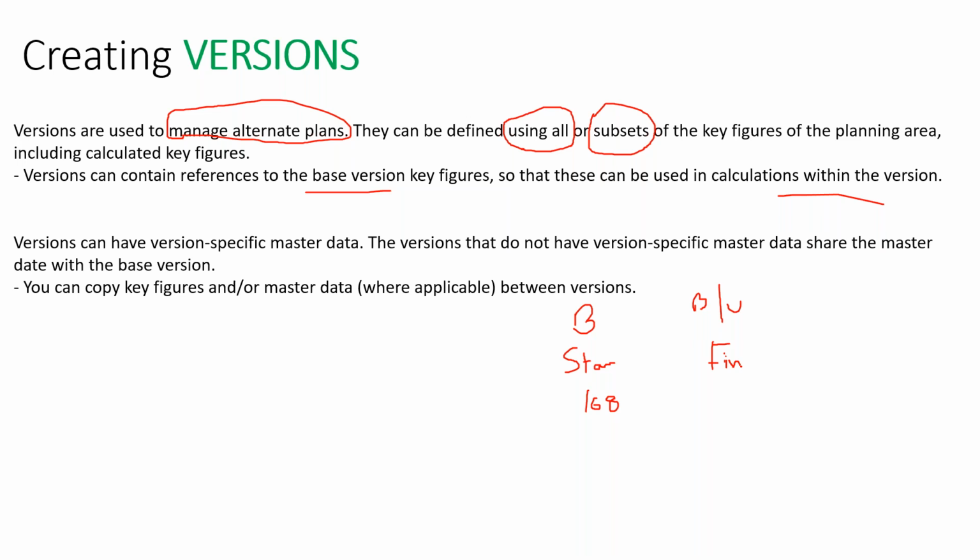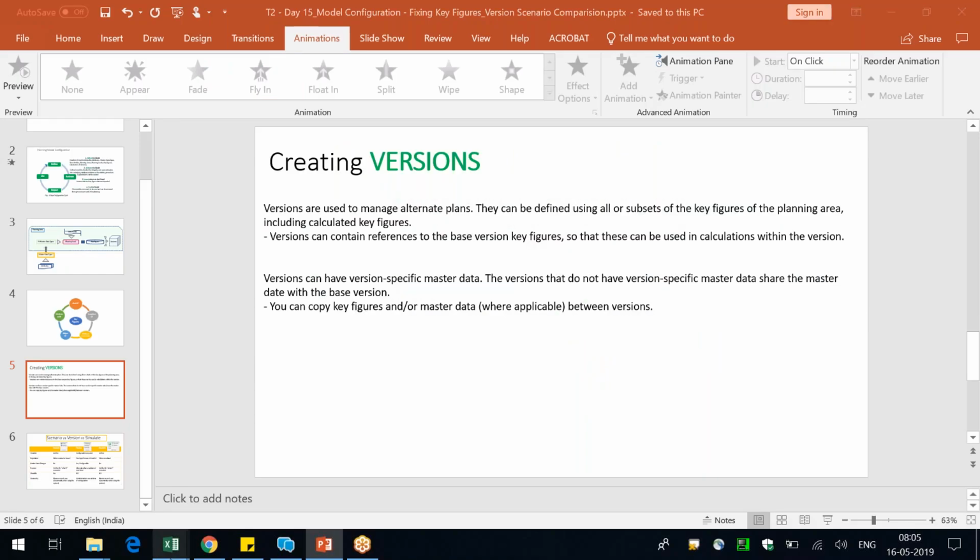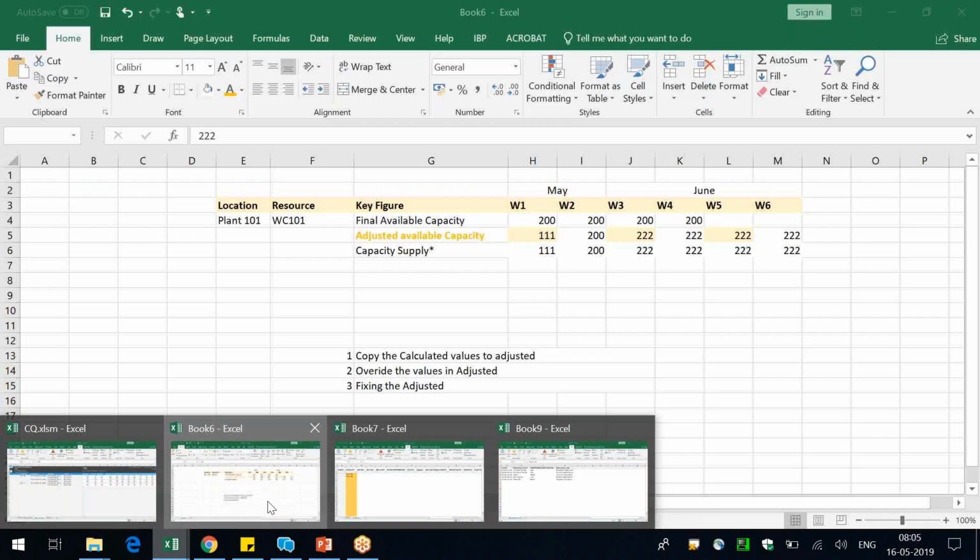But the system would be generous enough to read the values from its version itself. Like key figure x doesn't have an upside version, so the system would read the base version values. Not sure you guys have followed it or not, but let me go here.